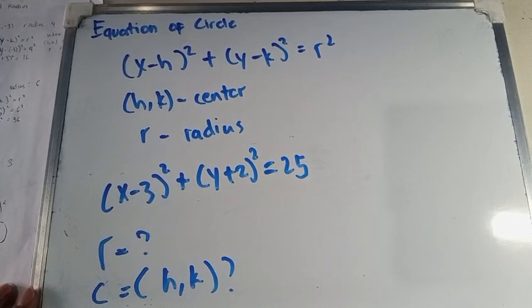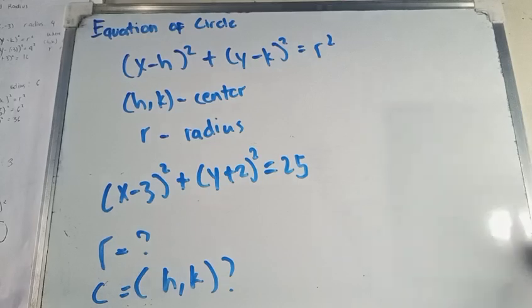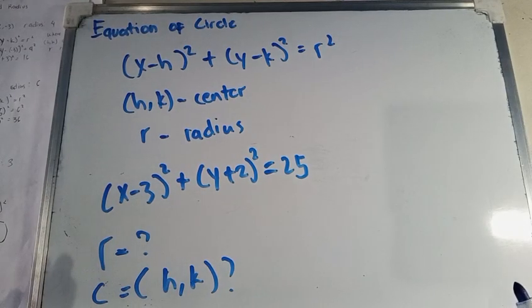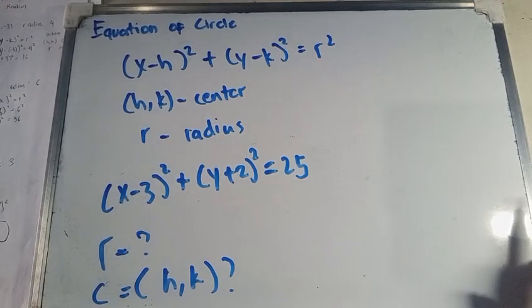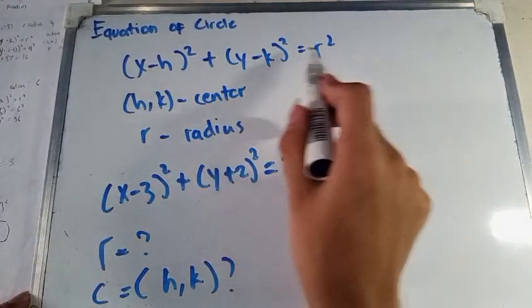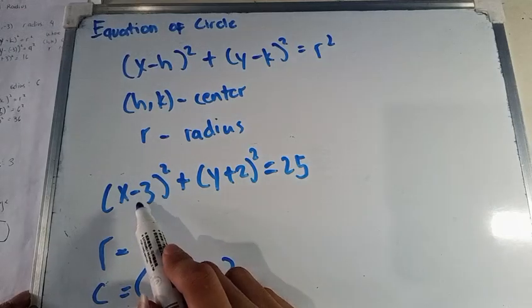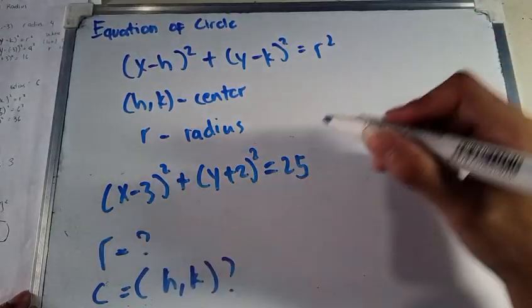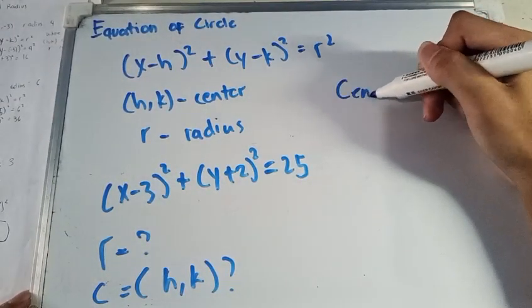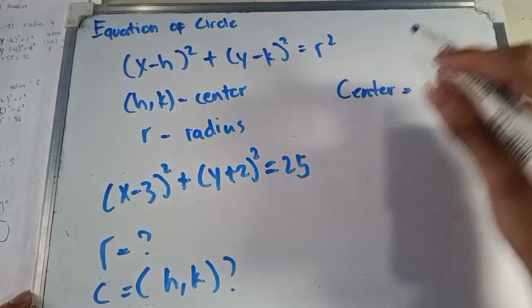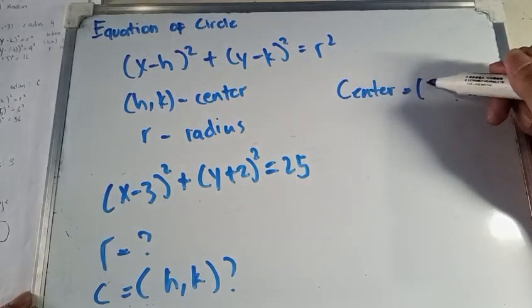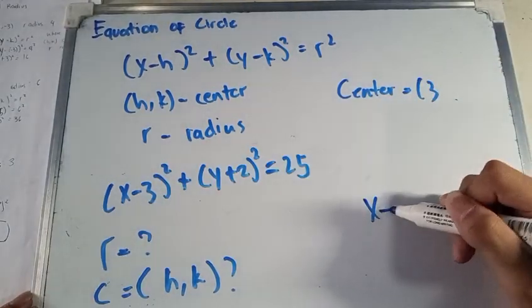So the process will be simply reversed. We now need to find the radius and center. If we follow this standard form, we can say that the center is 3, not negative 3, since we have x minus h here.